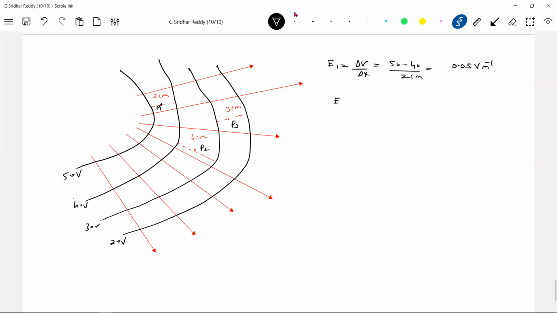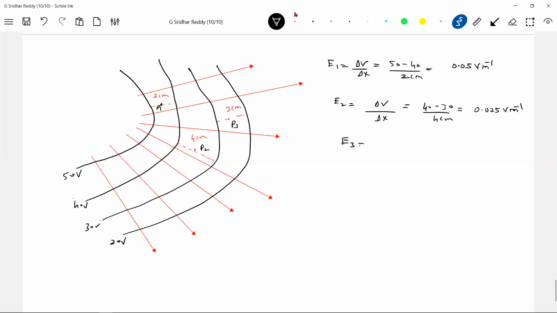Similarly, what about the average electric field at point 2? It will be 40 minus 30 by the separation, which is 4 centimeter. So this becomes 10 by 4, 5 by 2, 2.5, so 0.025 volt per meter.